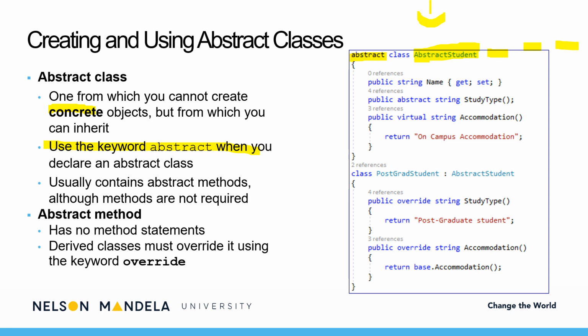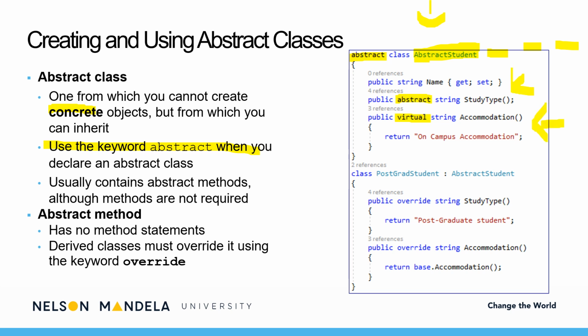This usually contains abstract methods, although methods are not required. What's special about the abstract class is that it contains abstract methods, and you can also have virtual methods. What's the difference between the abstract methods and the virtual methods?